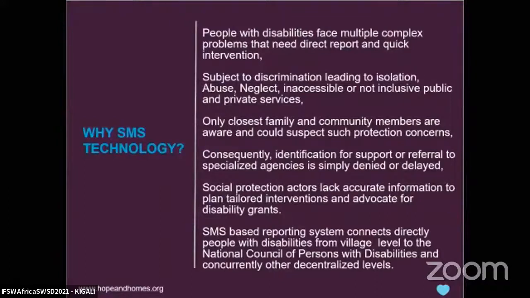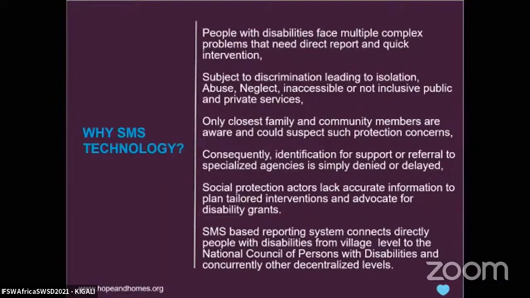Consequently, identification for support or referral to specialized agencies was denied or just ignored. Social protection actors lack accurate information to plan tailored intervention and advocate for disability grant. I will highlight that disability grant. Without a grant to support families to advance, which is a government commitment, whatever we do will be just a drop in the ocean.